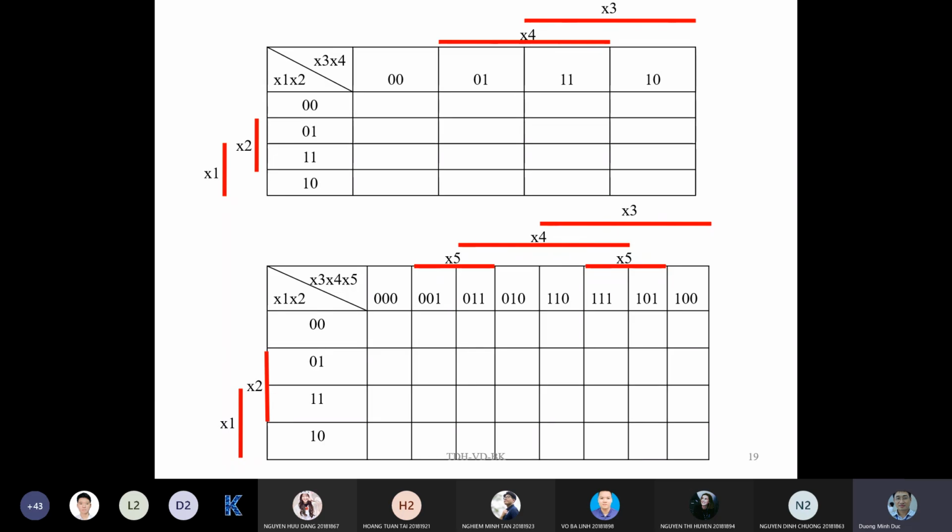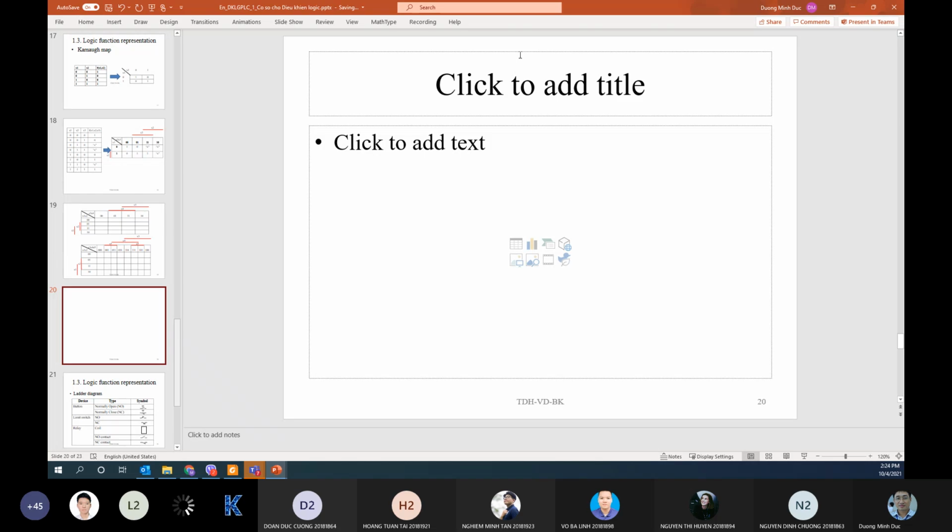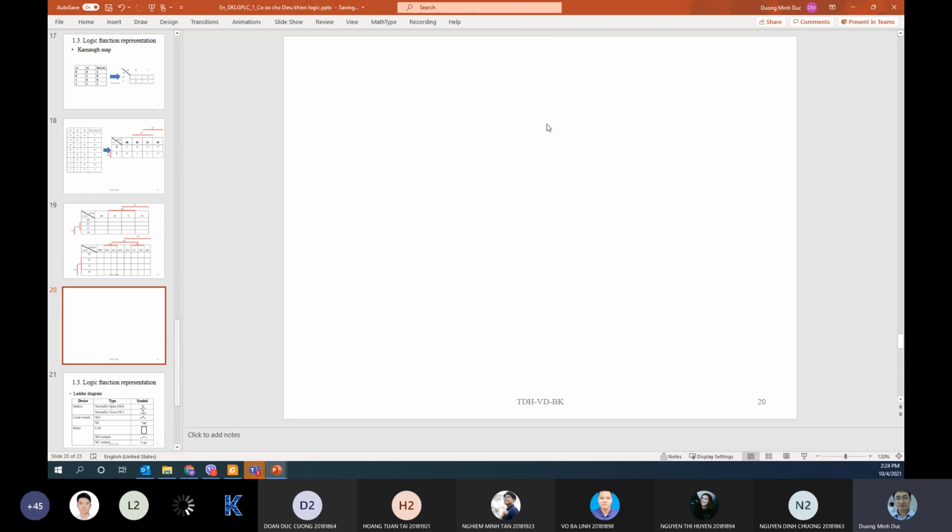So here I give you a hint to write down how to number the Karnaugh map. Okay, so here we just start from the simplest way.